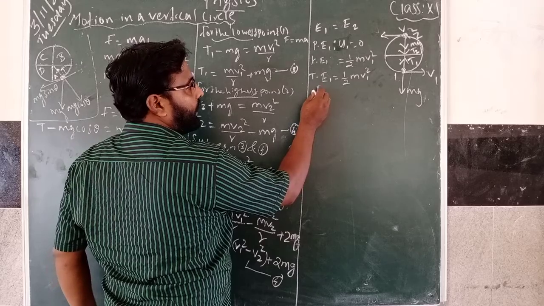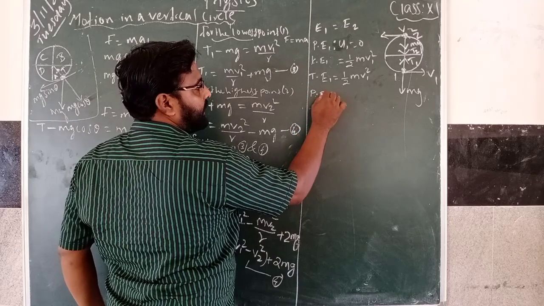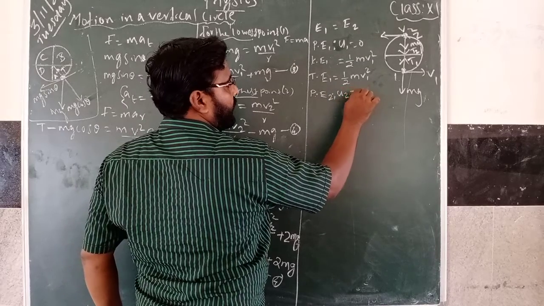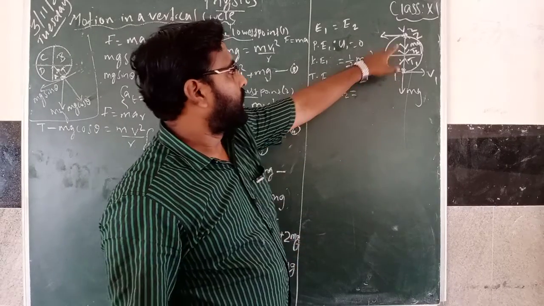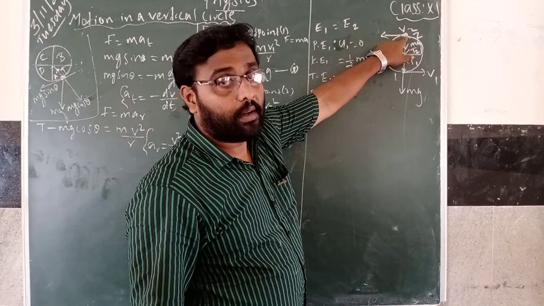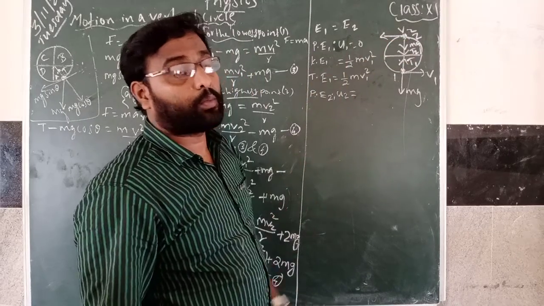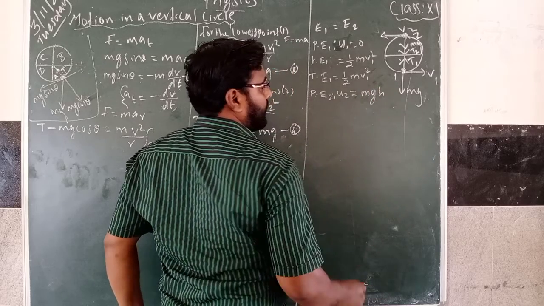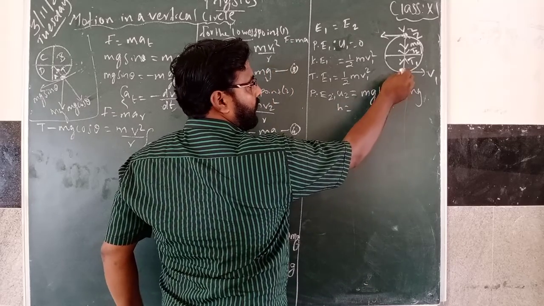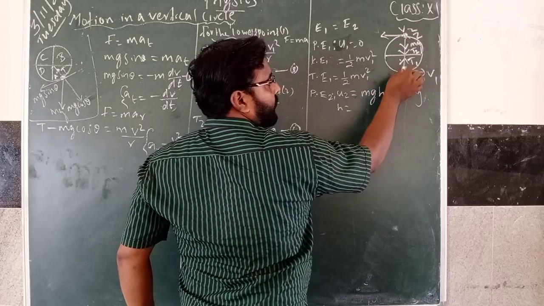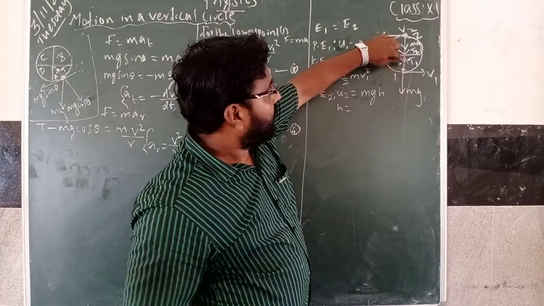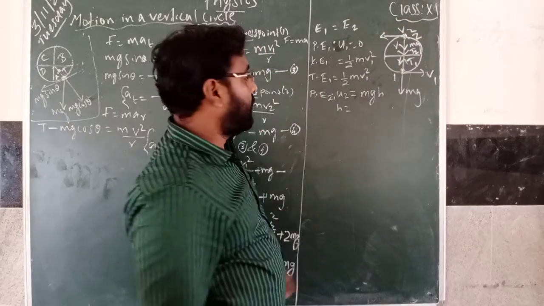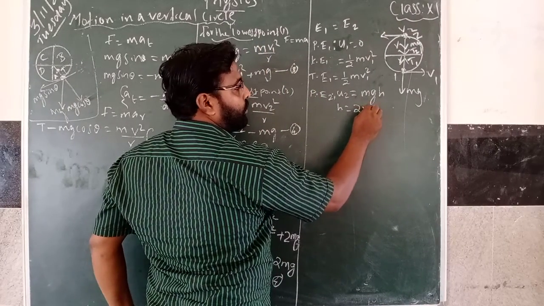Now you can find out the potential energy at point 2. U2 equal to what? Now the object is at the highest point, so there will be some potential energy, mgh. Here h is equal to what? This much height from the position 1. This is radius r. This is also radius r. So r plus r, 2r. So height is equal to 2r.